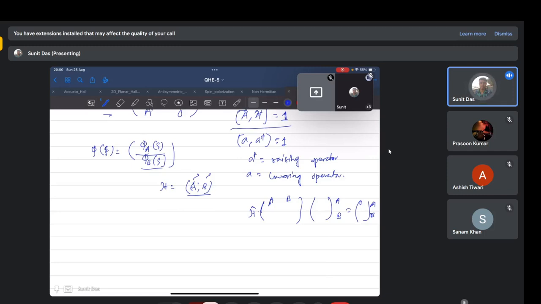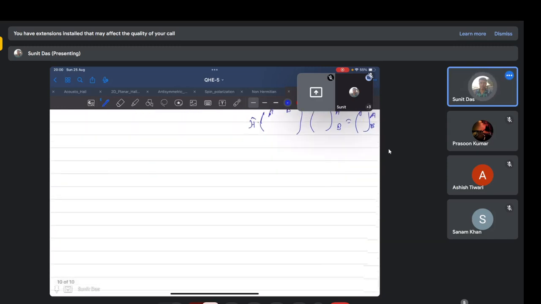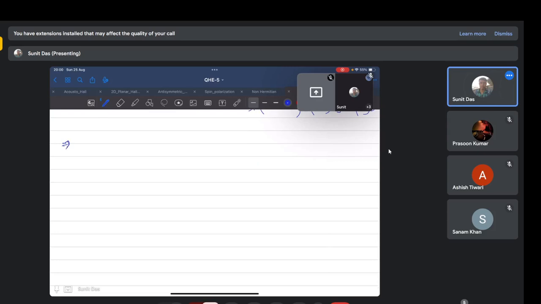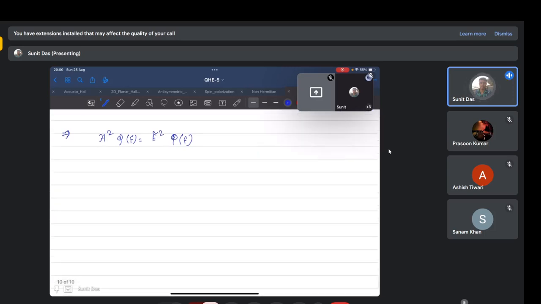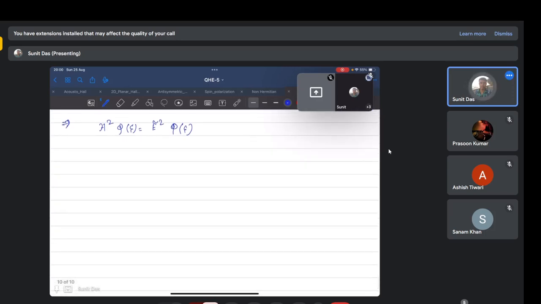Now for solving the eigenvalue problem, we want to take h bar squared of phi xi, which will be e tilde squared phi xi. I'm just following the steps.